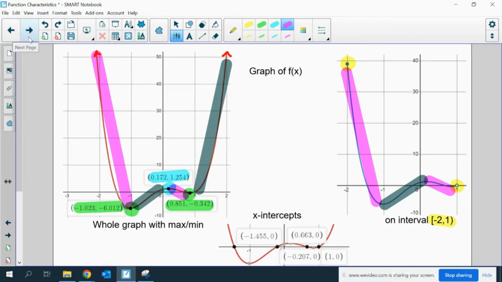And then if I'm looking at the range of this function, the domain was clearly -2 to 1. The range of this function is going to be from the very bottom value to the very top value on my interval. So that's going to be, it looks like, -6.012 all the way up to this y value, which is 39.